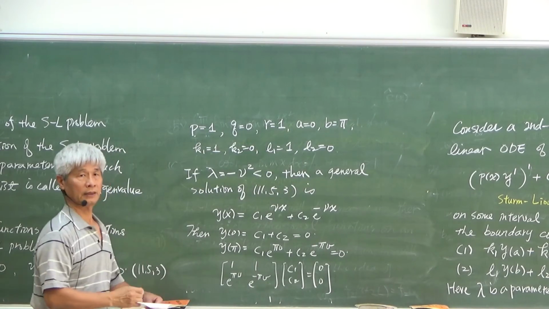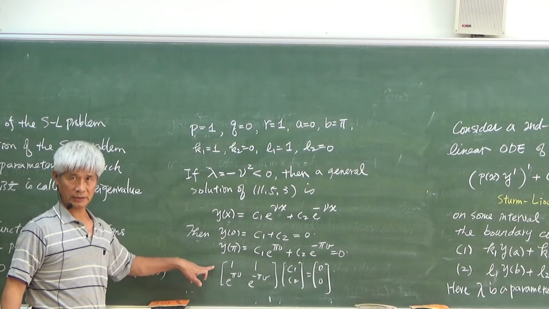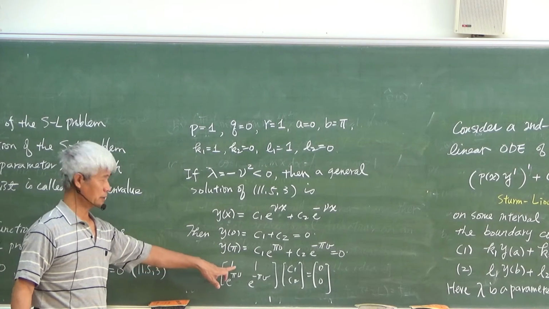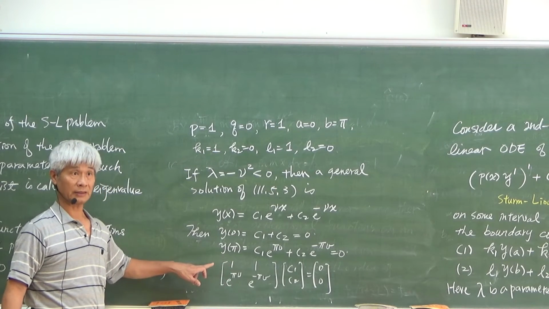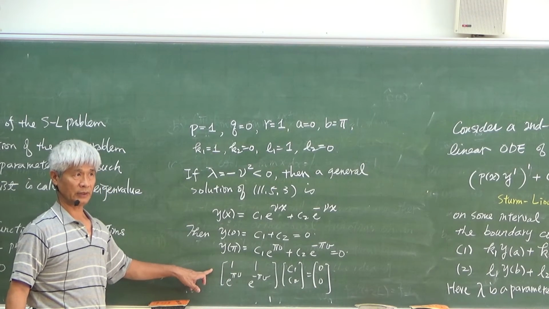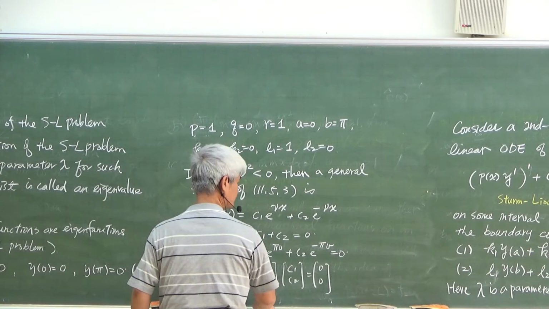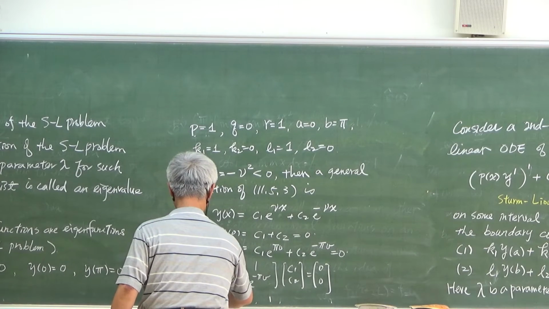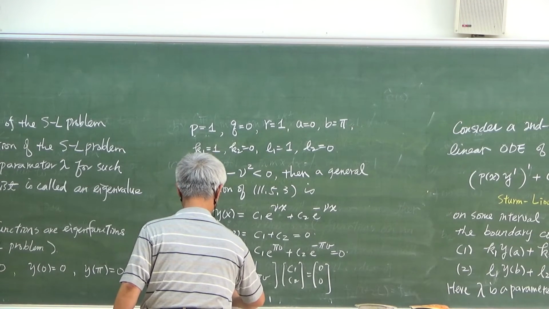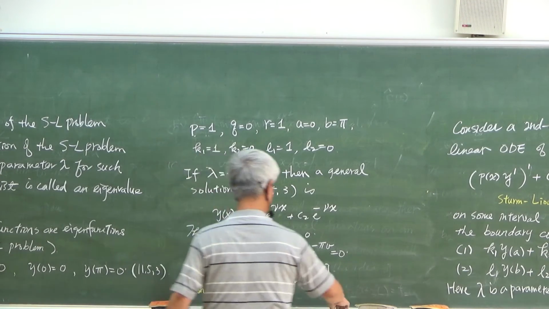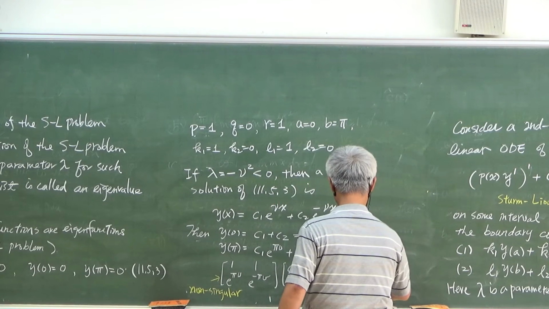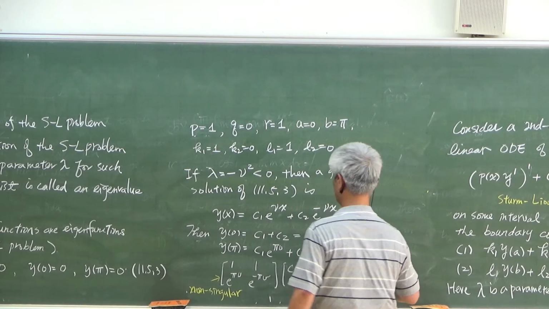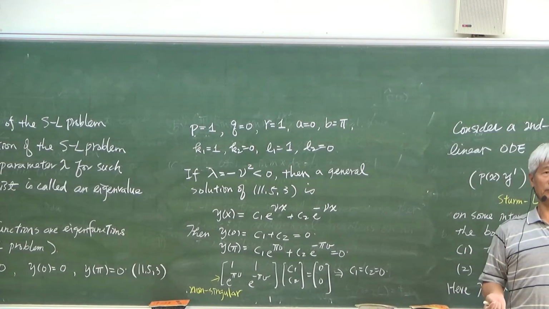This matrix is non-singular because its determinant is non-zero. So this implies that c1 is equal to 0, and we have only the trivial solution.